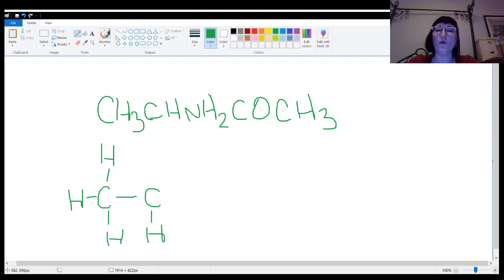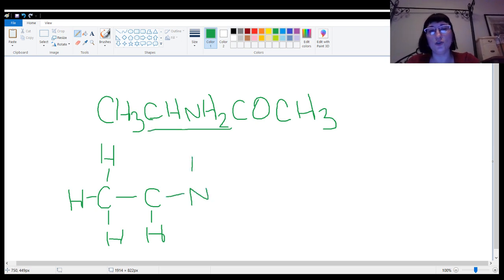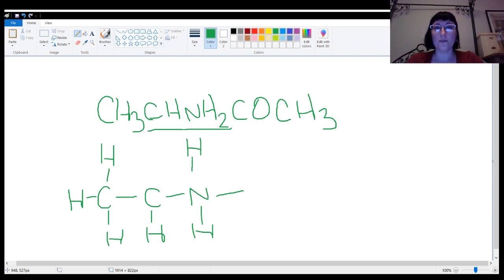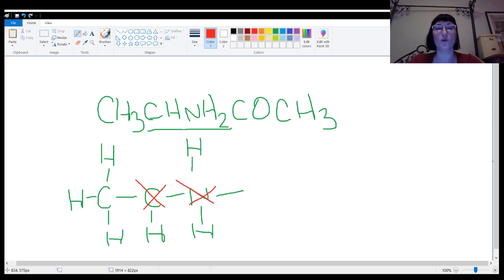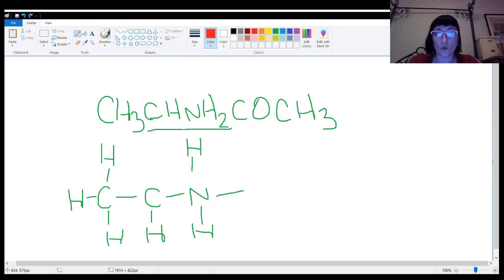Okay? Now, look at this part that I just underlined. If I did an NH2, and then the carbon next to that has a problem, and the nitrogen there has way too many bonds also, so that doesn't work.